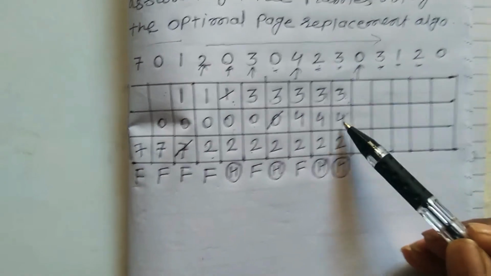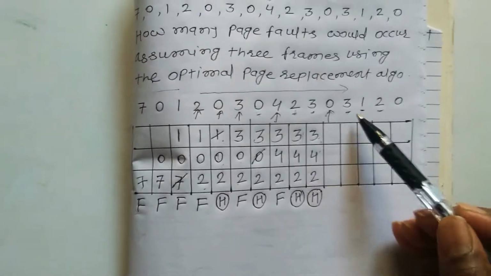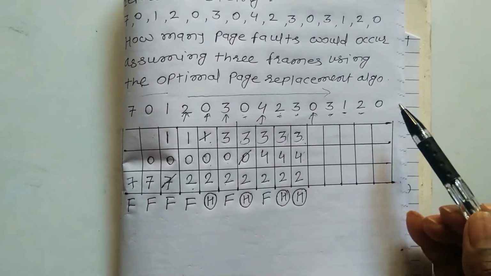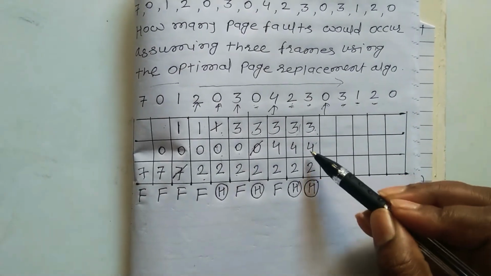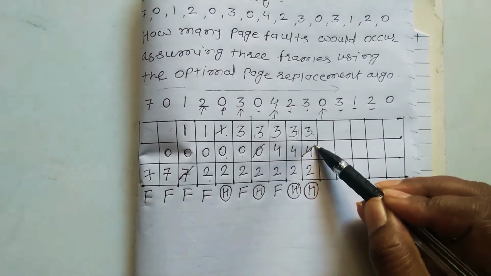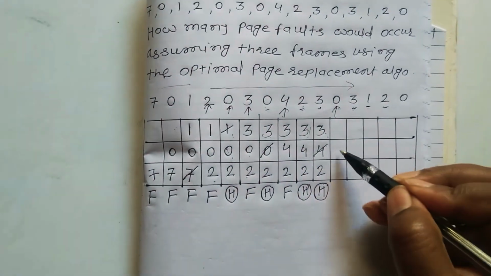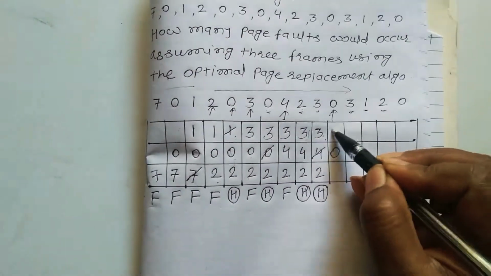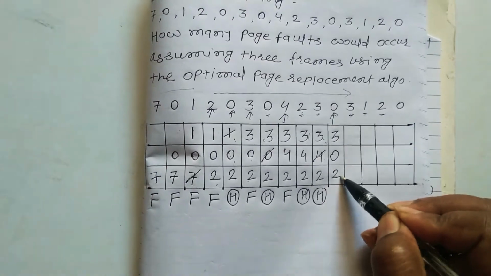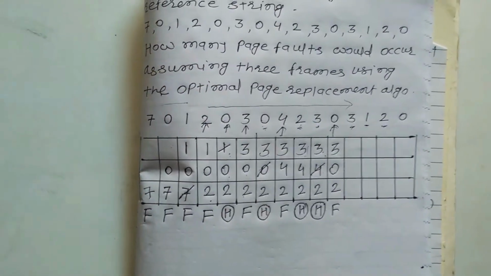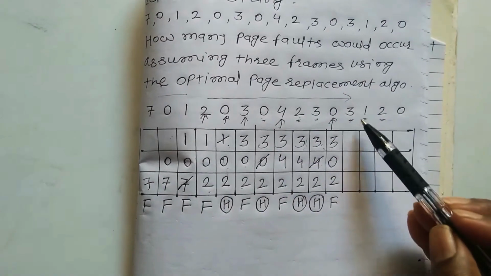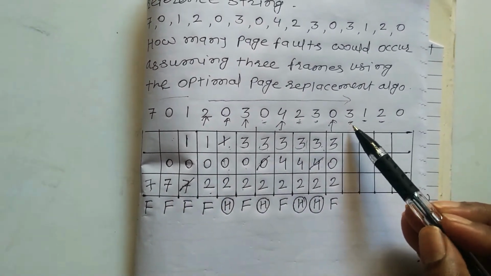But this page number 4 is not at all in the string, so it is not going to be used in the future. So better I will replace this 4 by 0 and the remaining pages will be as they are. This is a page fault.